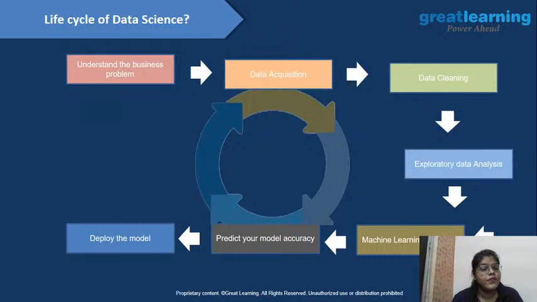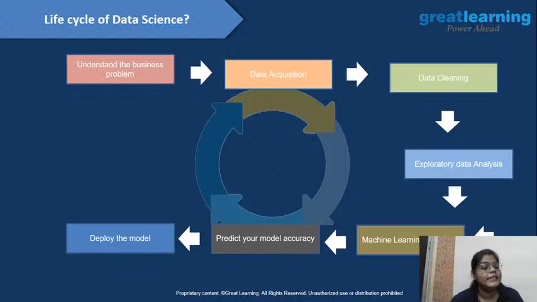Then, after you make a report out of your data and you know how your data looks, that time you go for applying a machine learning algorithm. There are three types of machine learning we have, right? Maybe in a later session we will talk about that. There are different types of algorithms you will get in machine learning. From there, when you have made the model using those data, you will go for predicting your model accuracy by giving new data, right?